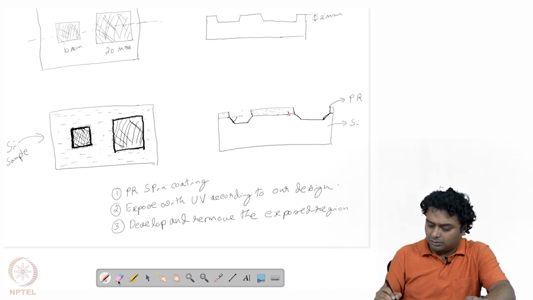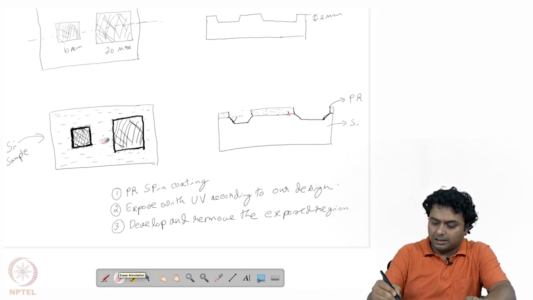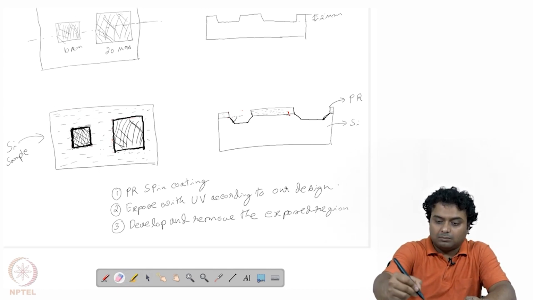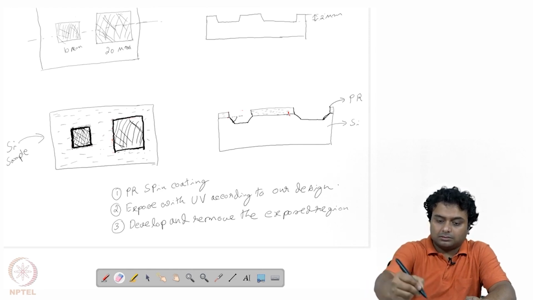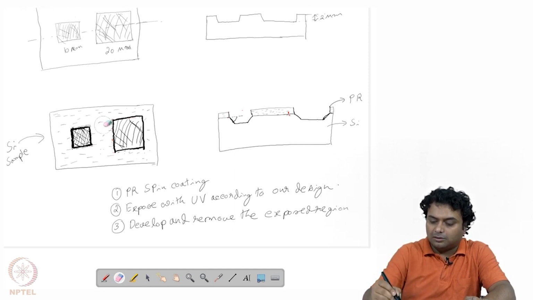Acetone removes all the PR or the polymer which is here, but it will not remove the silicon, right.